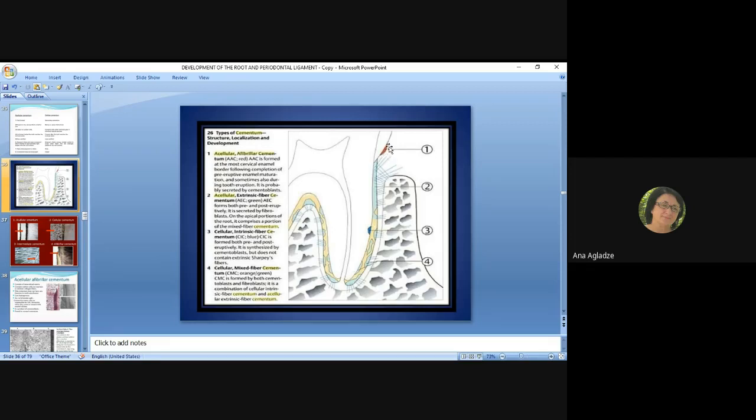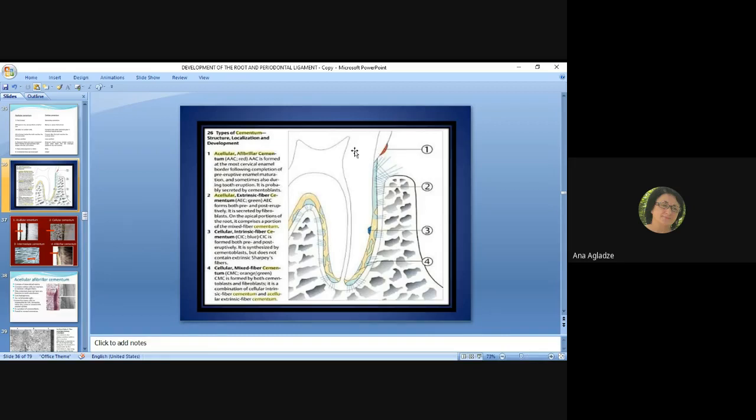This type of cementum, acellular afibrillar cementum, contains no cementocytes and no collagen fibrils. It is the first type of cementum to be formed during tooth development. It covers parts of cervical enamel and rarely the cervical root surface.